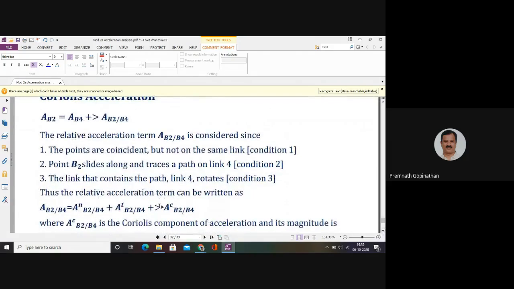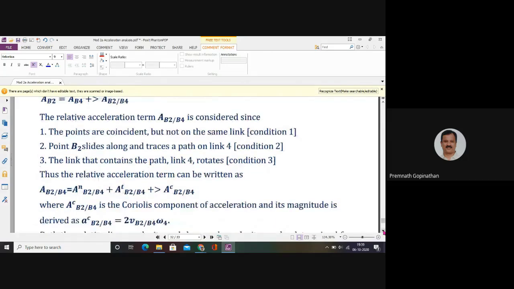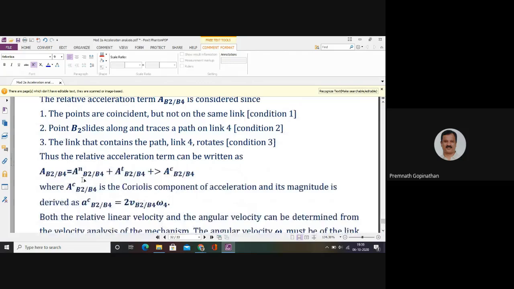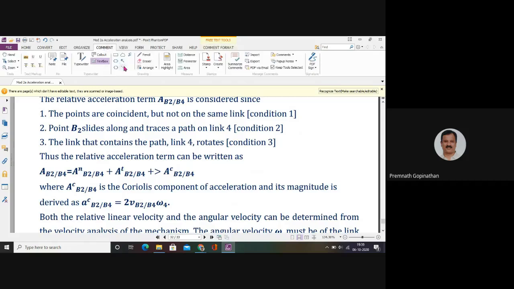Again, we can see that all the three conditions are being met. That's why we are taking that particular quantity here. Now, the relative acceleration of B2 with respect to B4 can be written as, now if I draw it and show it, you'll be able to understand it quite clearly.